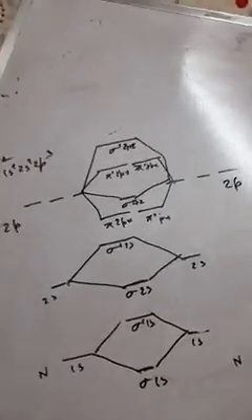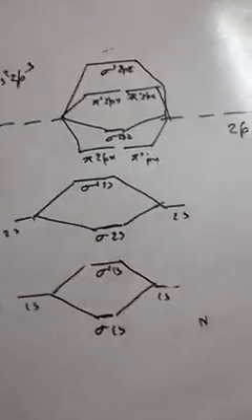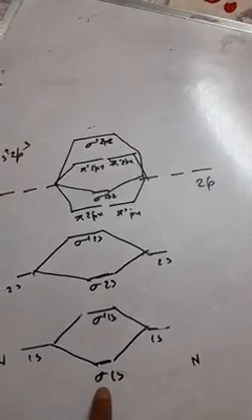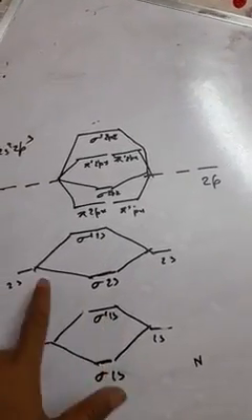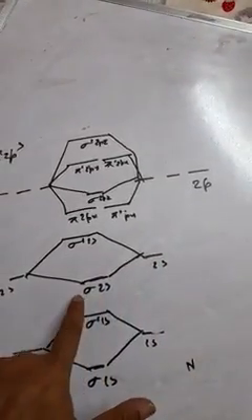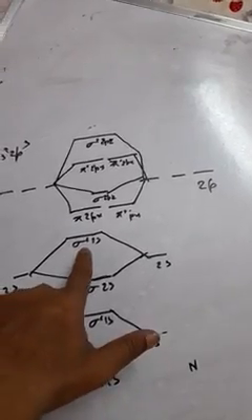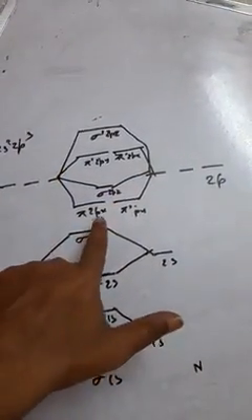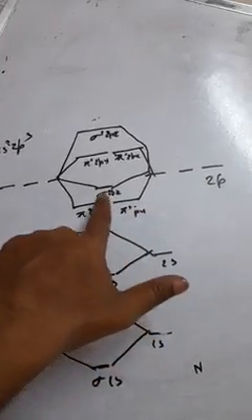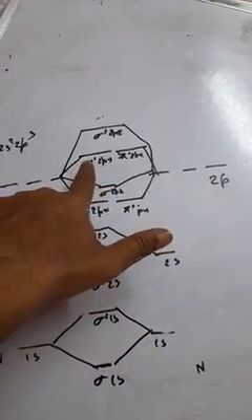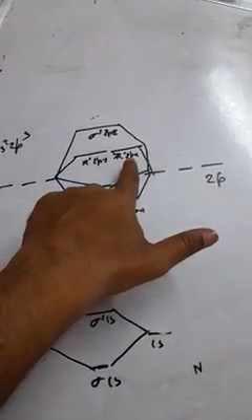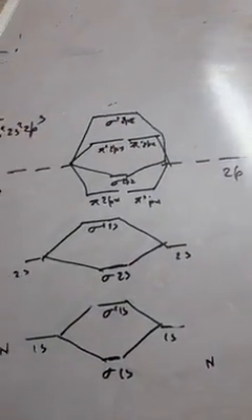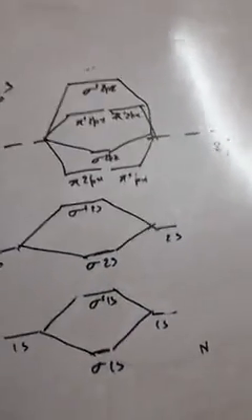So we have not filled up the electrons, we have just drawn the orbitals. 1s combine to form sigma 1s and sigma star 1s. 2s combine to form sigma 2s and sigma star 2s. Then 2p: pi 2px, pi 2py, then sigma 2pz, then the antibonding pi star 2py, pi star 2px, and then sigma star 2pz, in the order of increasing energy.